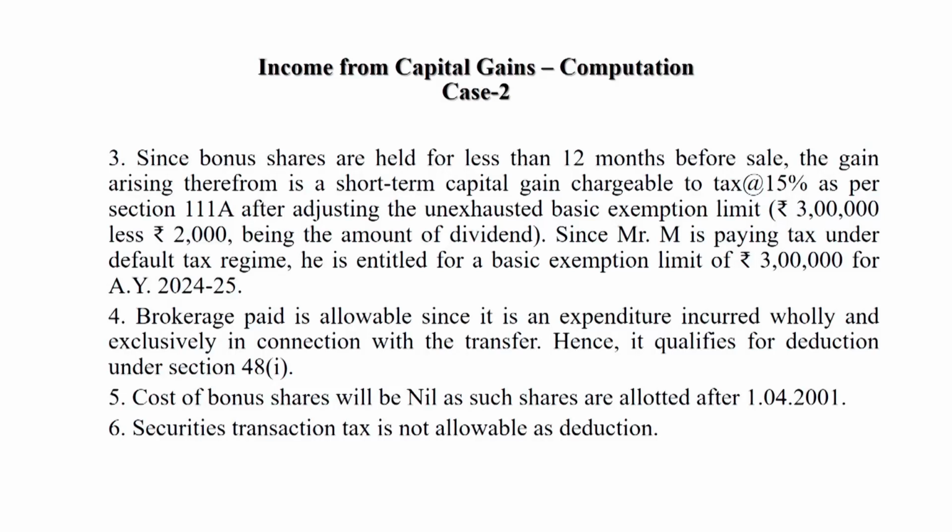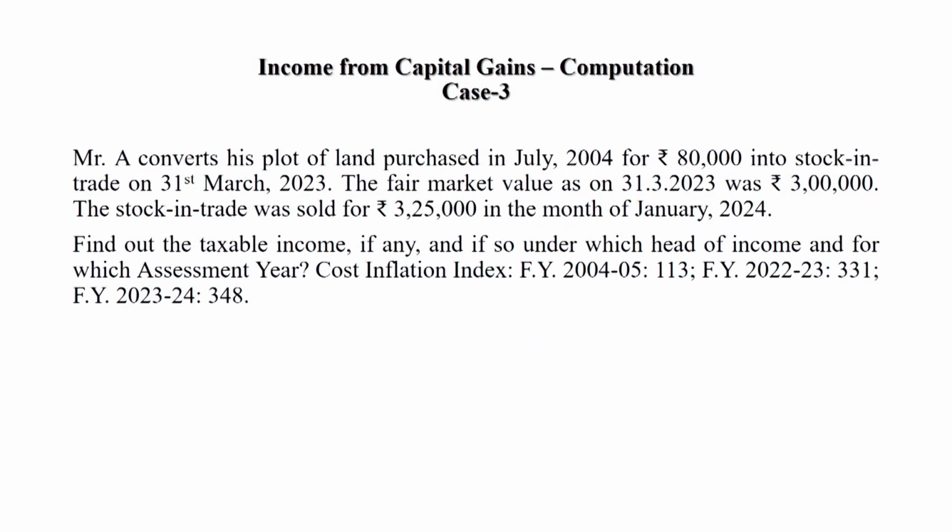Next notable point: the cost of bonus share will be nil as such shares are allotted after 1st April 2001. And next, security transaction tax is not allowable as a deduction. So dear friends, these are the important points to be considered at the time of computation of long-term capital gain and short-term capital gain.